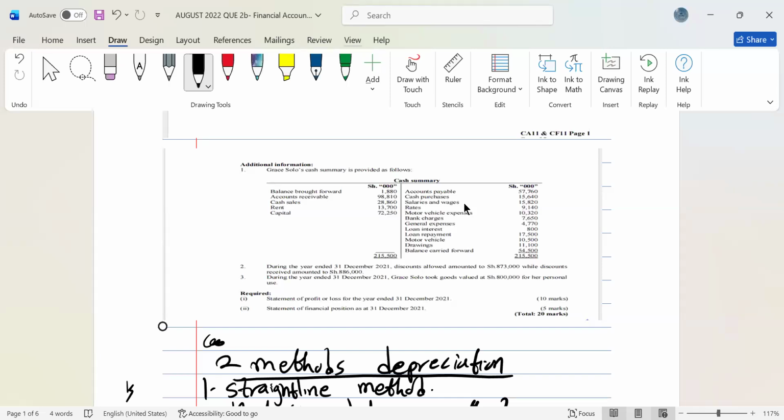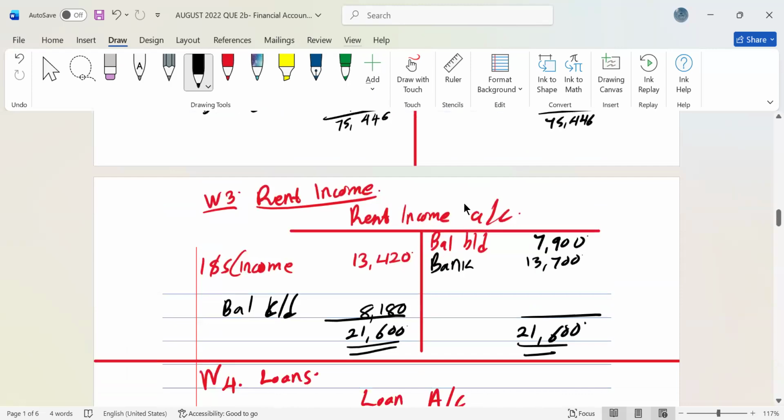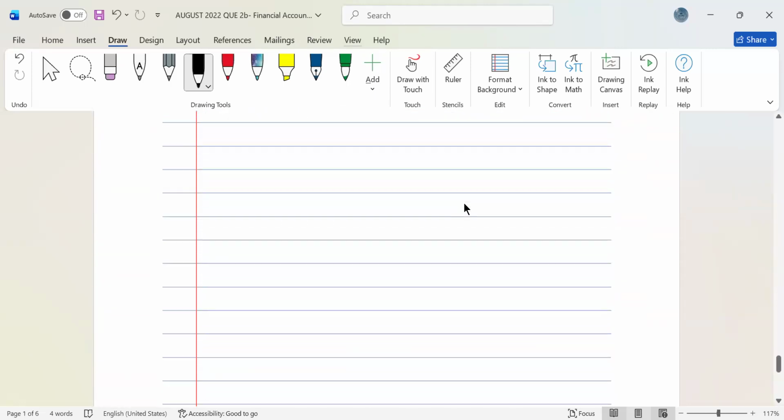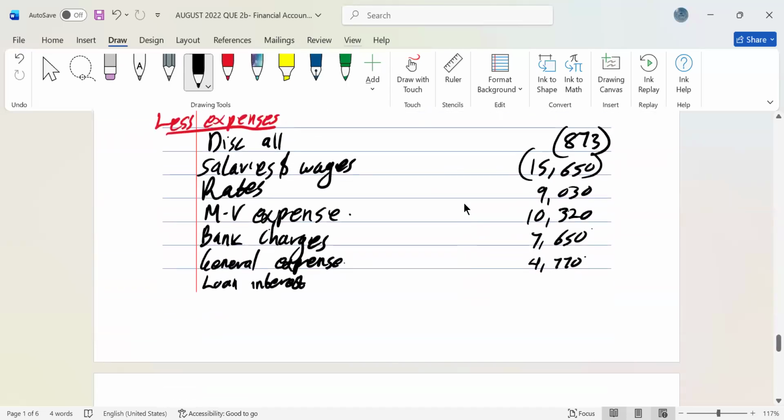But for these drawings of money, this is going to appear in our statement of financial position, reducing whatever the directors injected in this particular business. Sawa. Okay. So loan interest is 800.